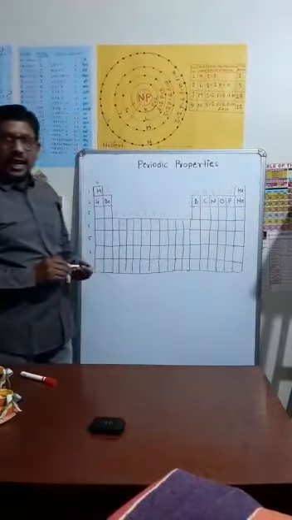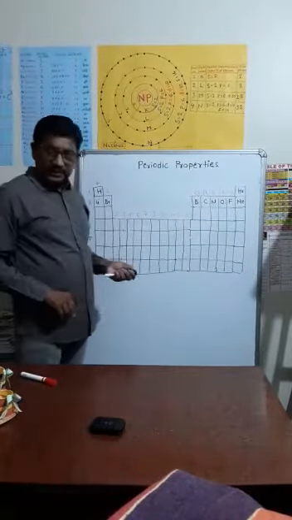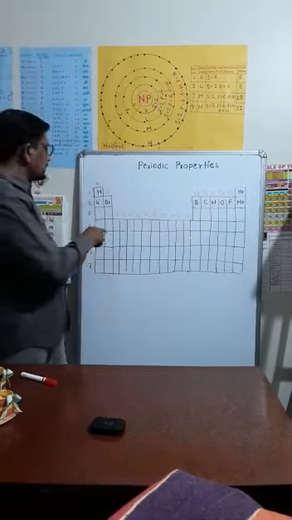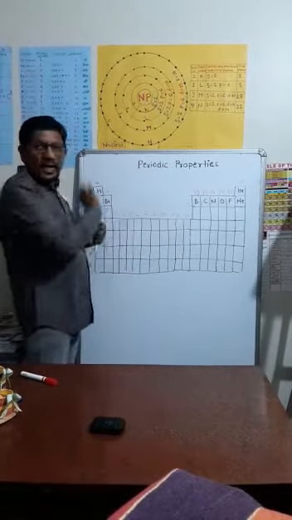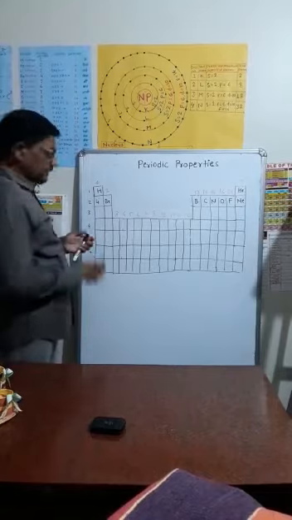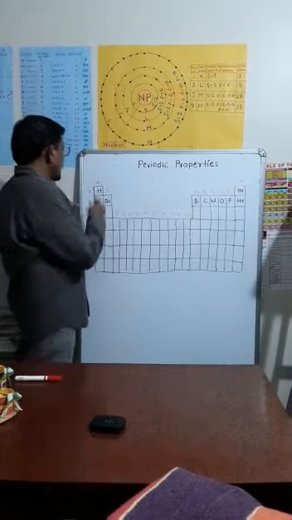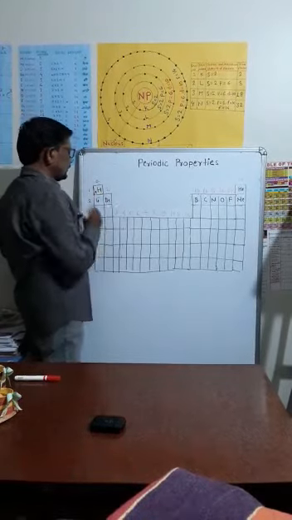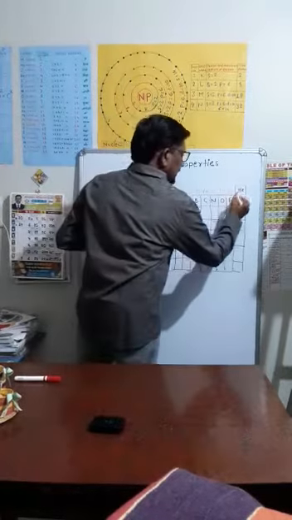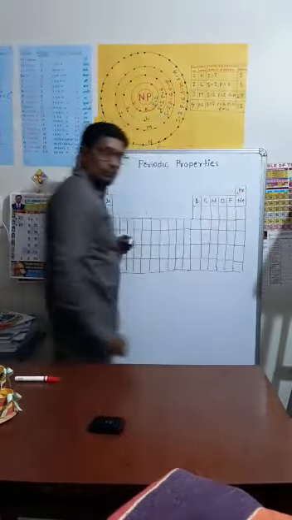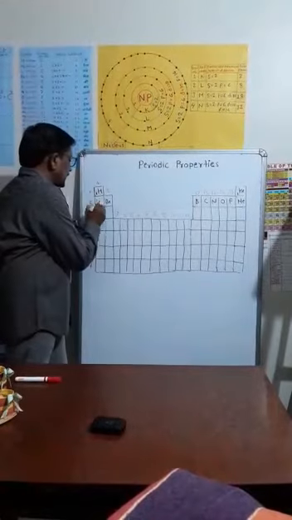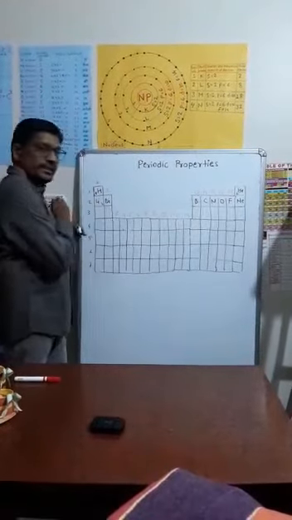That is, after the discovery of this, the elements are placed with increasing atomic number. Hydrogen has atomic number 1. Helium, the second element, has atomic number 2. Lithium, the third element, 3.